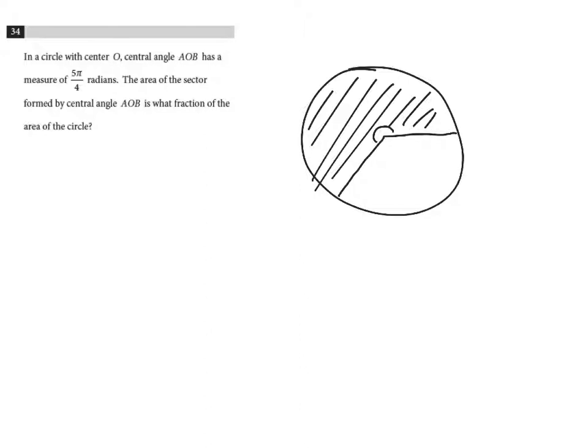Well, the area of the sector to the area of the whole circle is going to be proportional to the central angle, or sorry, this angle out of the whole. Okay, so we're looking for the whole measure is going to be 2 pi.